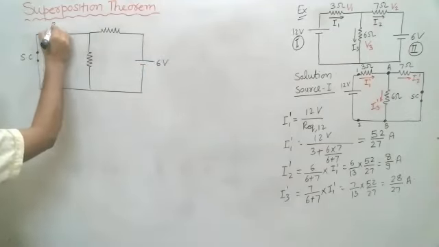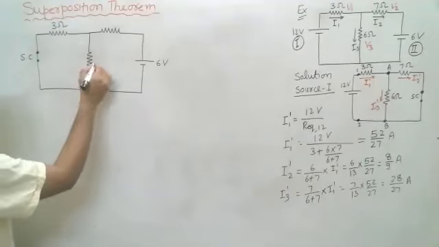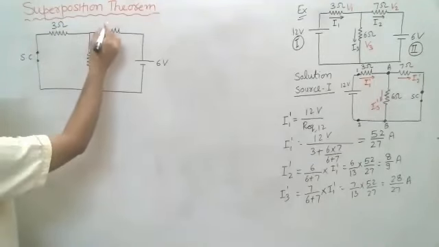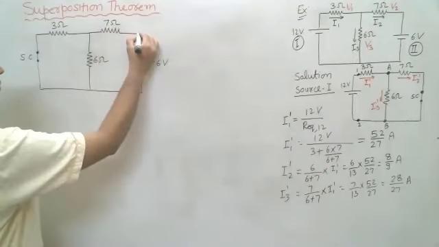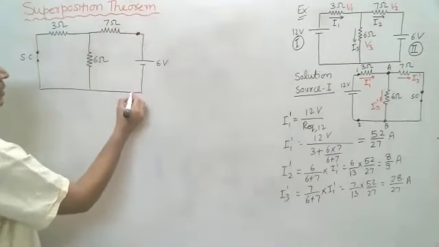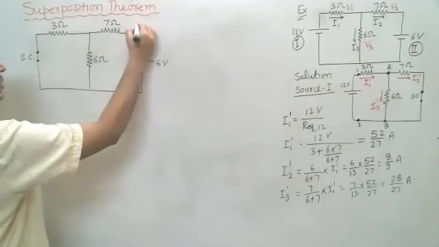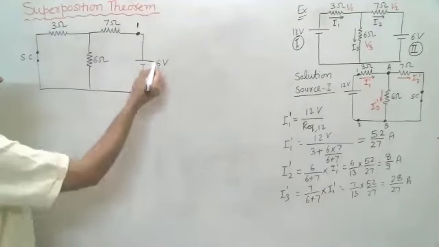This is 3 ohm. This will be 6 ohm. And this is 7 ohm. Now take this point as 1, 2.